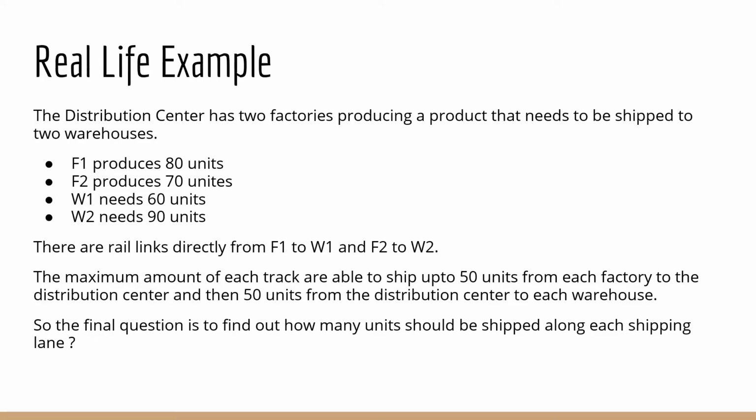So the optimization is really to identify how many units, in this case truckloads, should be shipped along each shipping lane, how many should go directly from the factory to the warehouse by rail, and how many should take the way through the distribution center.